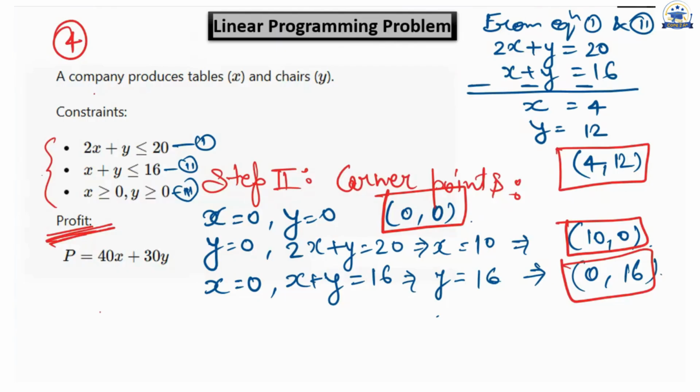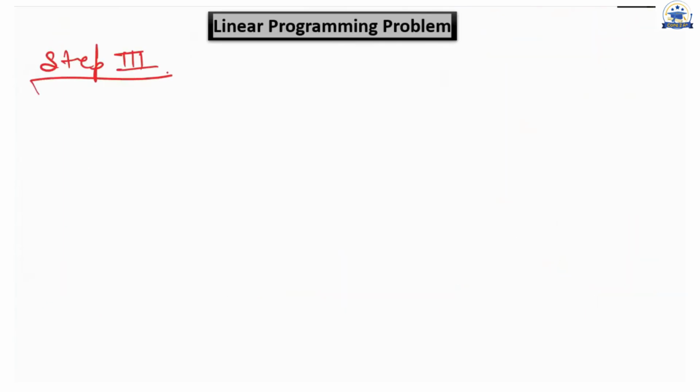You have to check that all the coordinates satisfy all three inequalities. If a single coordinate is not satisfying a single inequality, it means your method is wrong. You made a mistake.